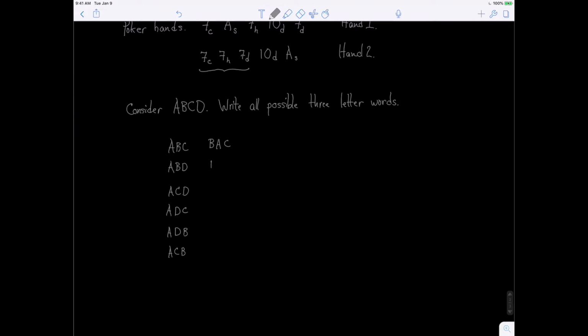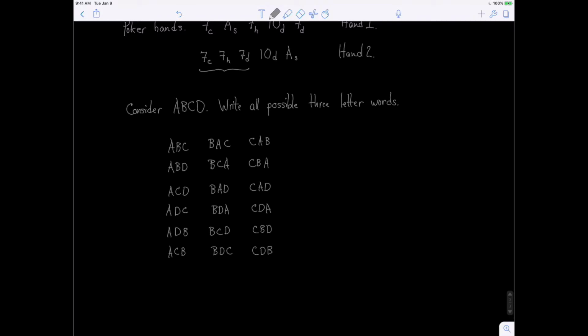I could do B, C, A, and then B, A, D, B, D, A, and we need B, C, D, and finally B, D, C. And now let's start with the letter C. I could do C, A, B, or C, B, A. And then I could do C, A, D, C, D, A, C, B, D, and C, D, B.